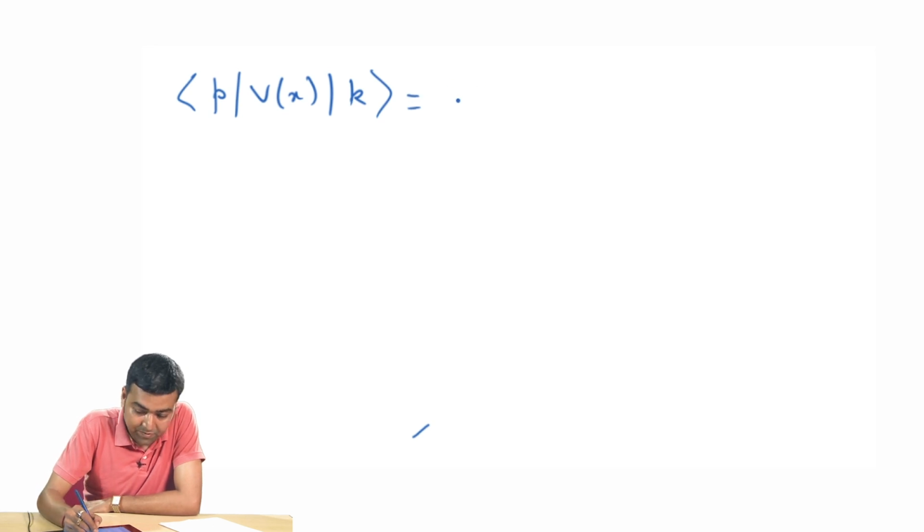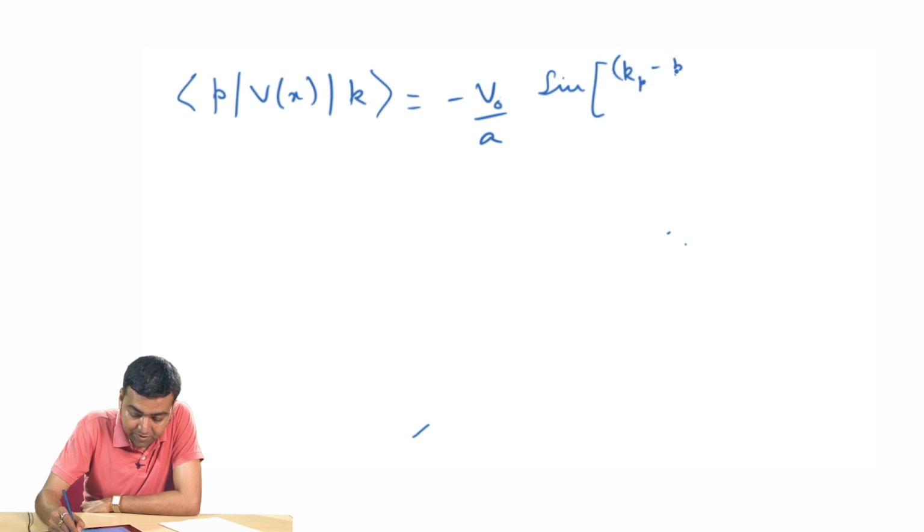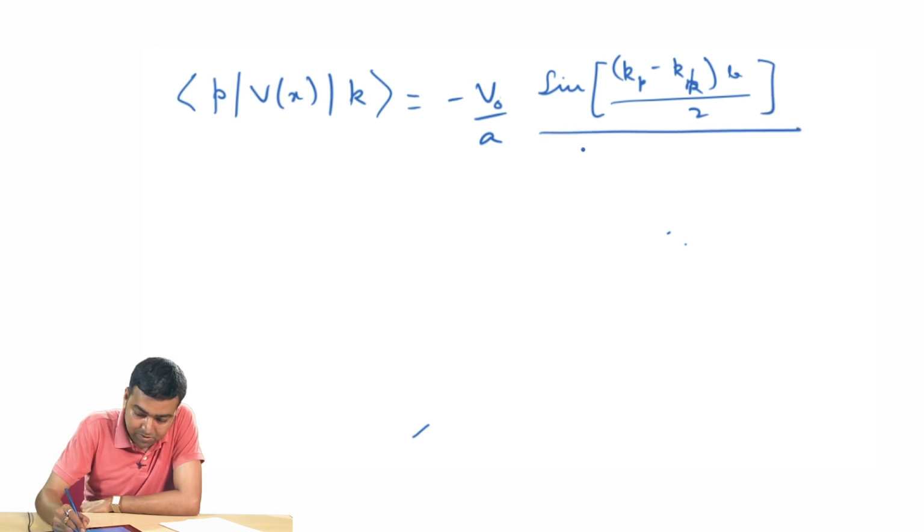So, if we evaluate the integral, what we will get is sine of k p minus k k by 2 into b, divided by k p minus k k by 2.